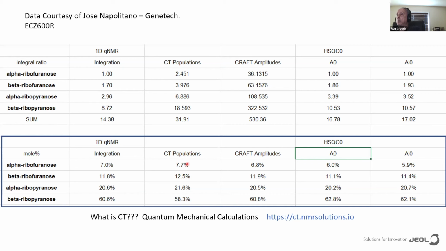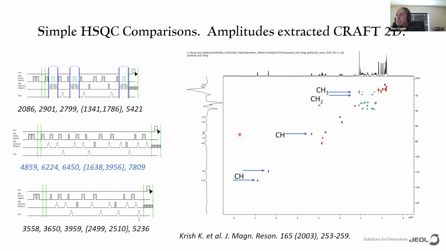The Craft amplitudes, CT stands for cosmic truth. This is a quantum mechanical calculation. I encourage you to go here and look at this and actually use the tool yourself. It's fantastic. And traditional integration. So we get all very nice, agreeable answers.